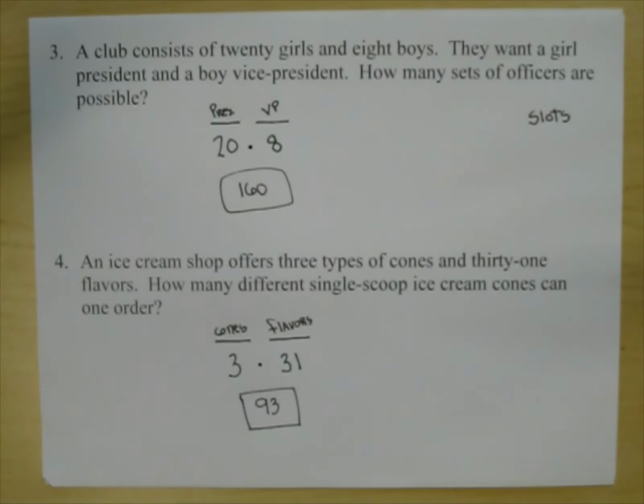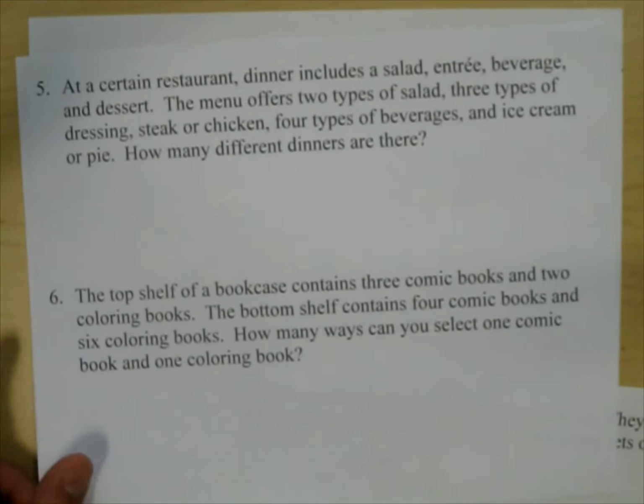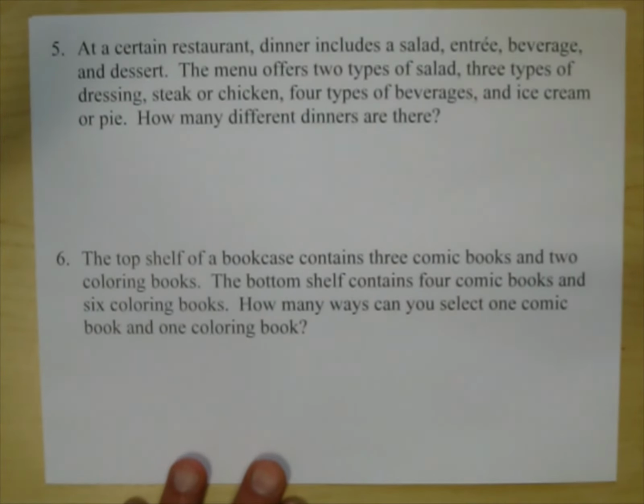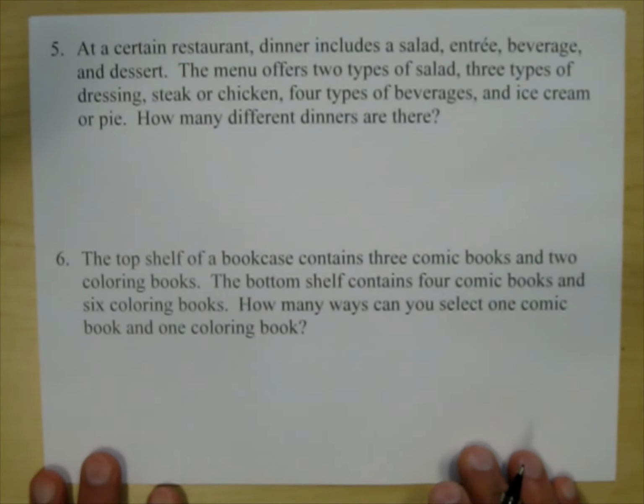Okay, let's do some more problems that get a little bit more complicated. But section 6.1 is a pretty short section. Shouldn't take you forever to do the homework. Problem number 5. You go to a certain restaurant.